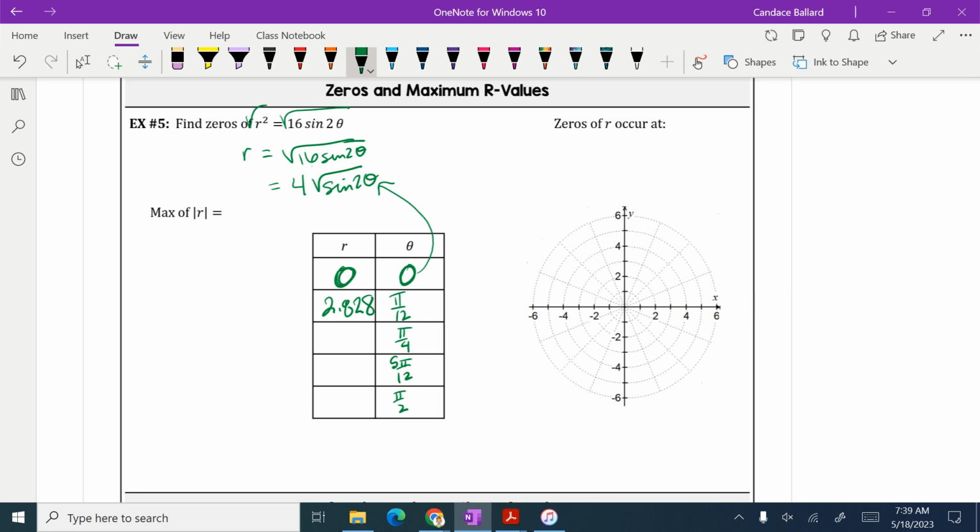What about for pi over 4? 4, nice. For 5 pi over 12? 2.828. And then what about for pi over 2? It was 0? Oh, interesting. I have it on the cheat sheet, it says undefined.